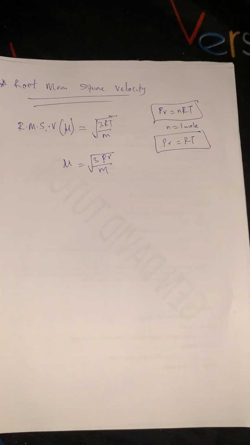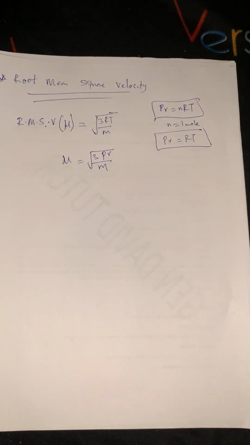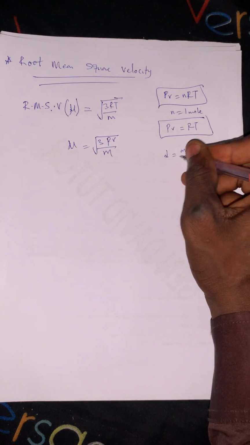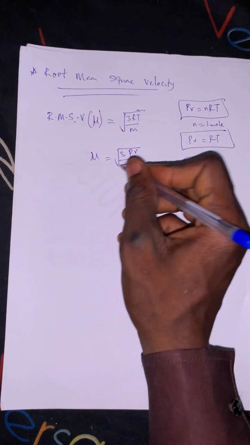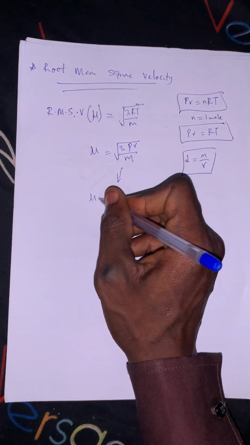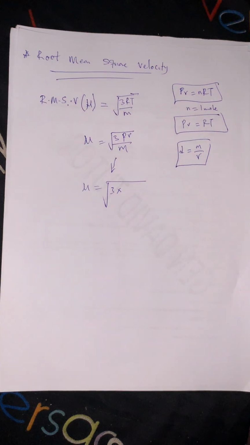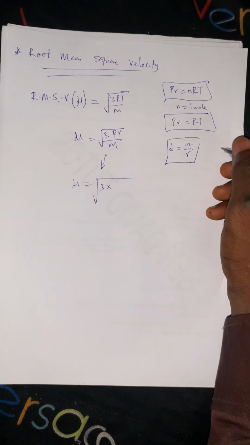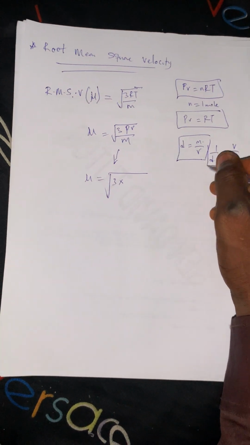Now, don't forget that we can also have another formula, from density. Density is equal to mass over volume. Now, if density is mass over volume, what is volume over mass? Volume over mass will be 1 over density.